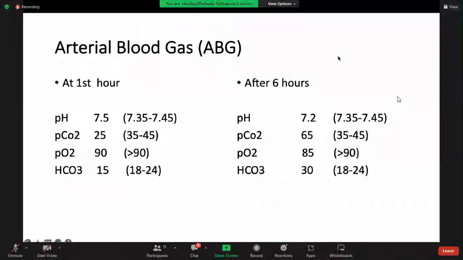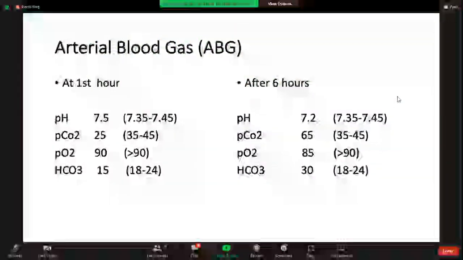What happened after 6 hours? Now it's an acidosis, madam. That can be explained by the increased PCO2.